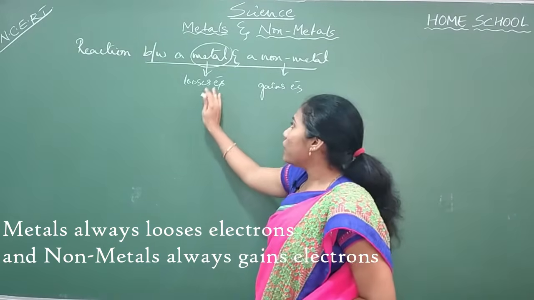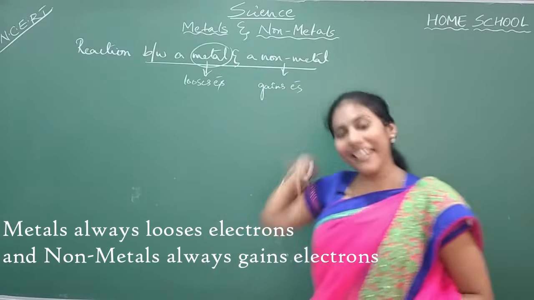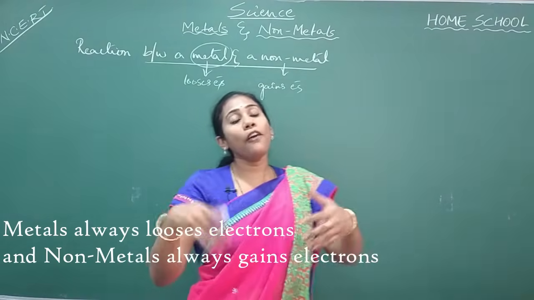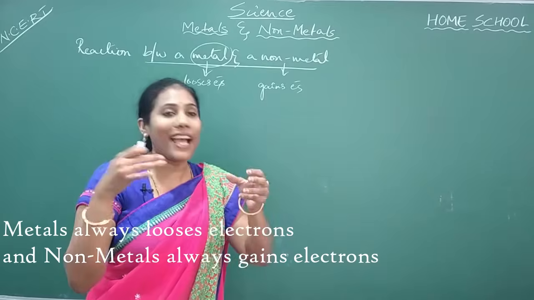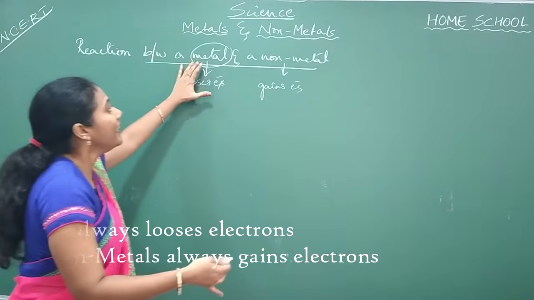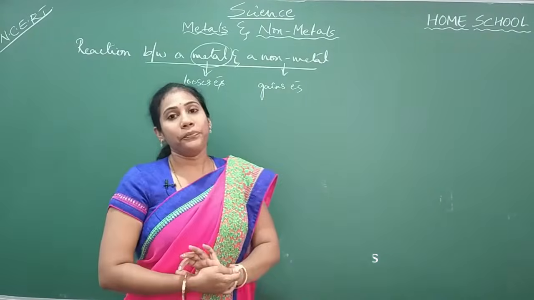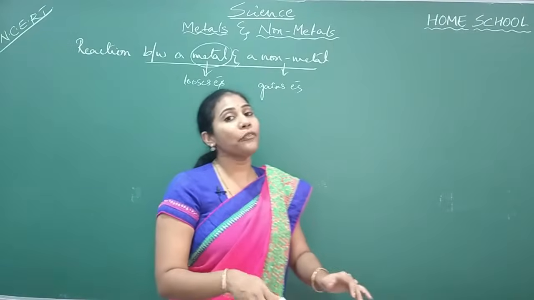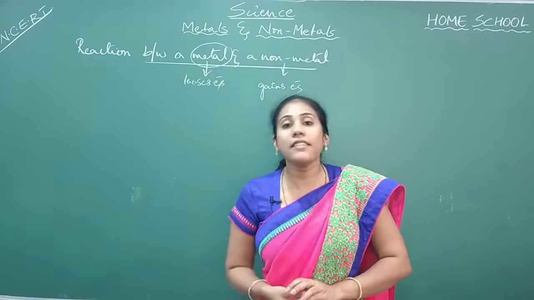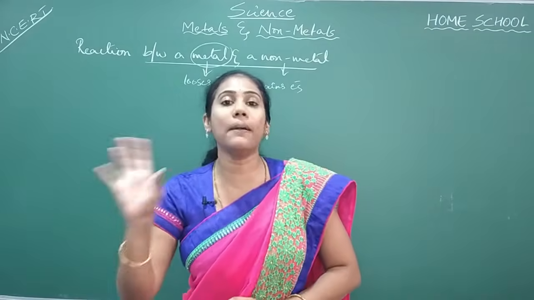So these will lose electrons and these will take those electrons, and that's how a bond or attraction is formed between a metal and a non-metal, ultimately giving a new chemical substance called an ionic compound.